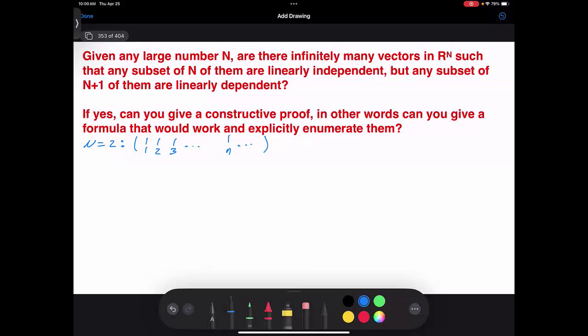Another approach is to start off with n vectors that are linearly independent. So let's say we start off with v1, dot, dot, dot, vn, and they're linearly independent. What is the volume of a line in three-dimensional space? 0.